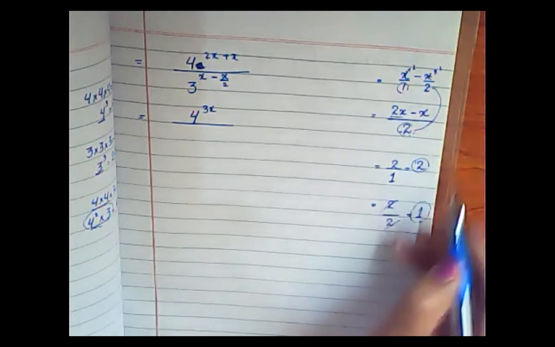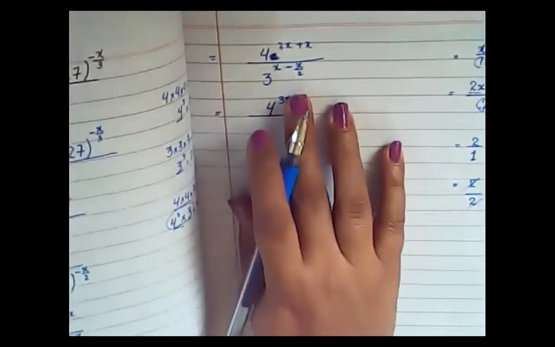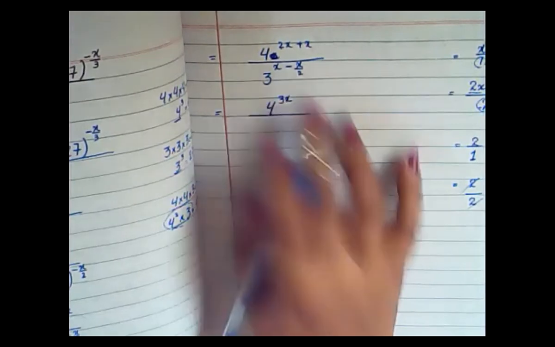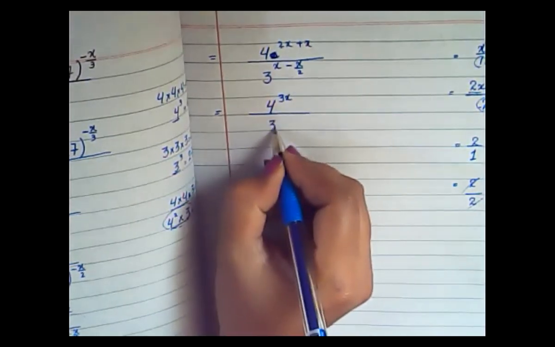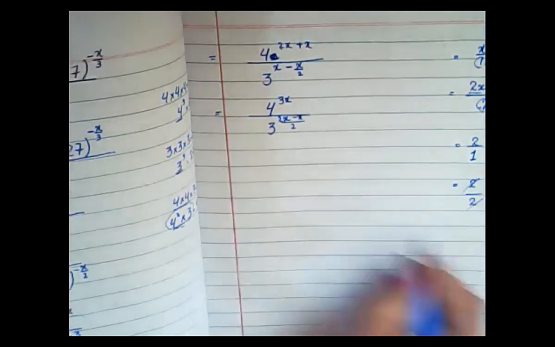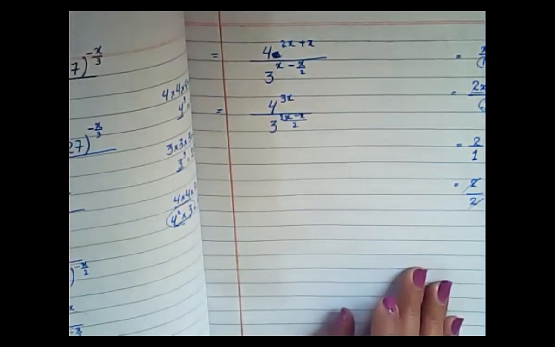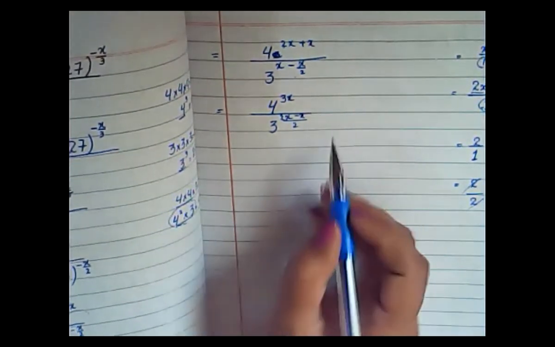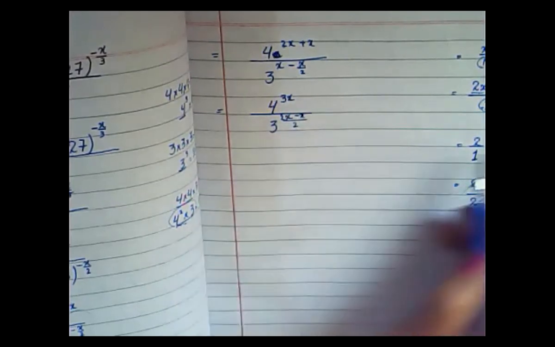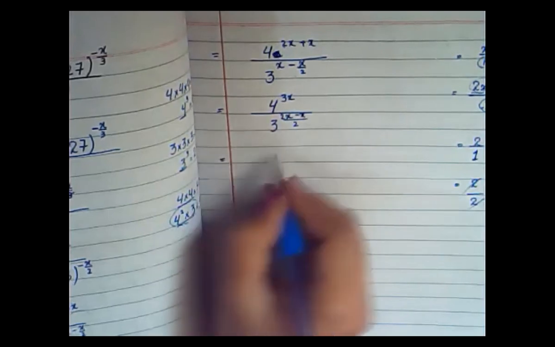So what is your answer? 2x minus x upon 2. So the answer of this LCM will be 3, 2x minus x upon 2. Now if you subtract, 2x minus x, what will be the answer?